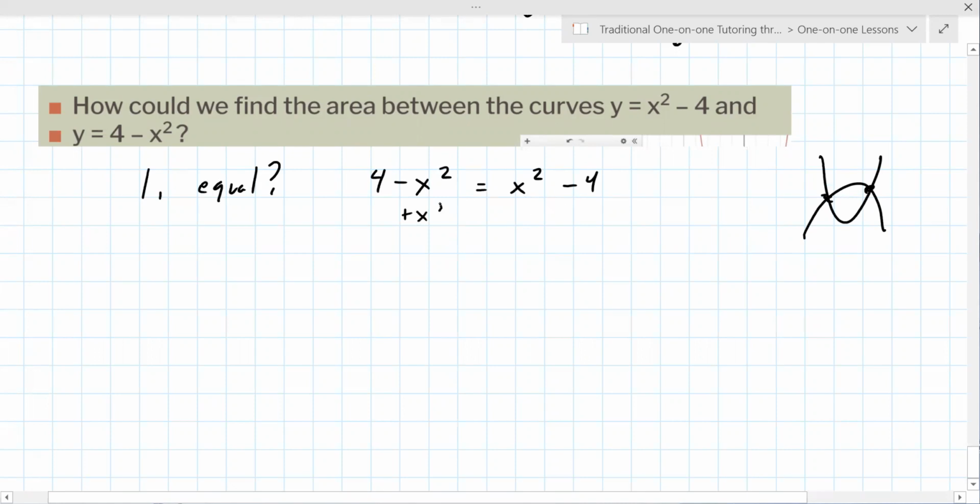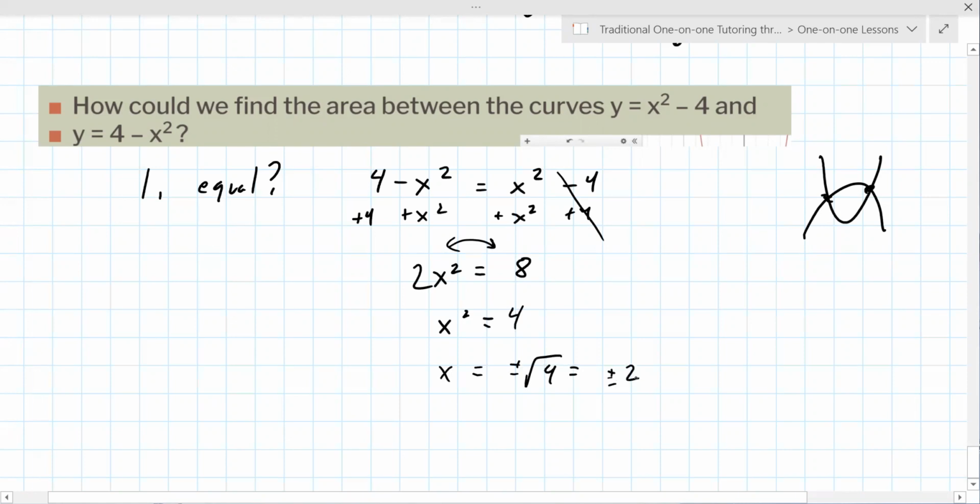So if I add x squared to both sides, then add 4 to both sides, and then switch, you get 2x squared equals 8. Wait, -4 plus 4 though. Those cancel. Oh wait, I see. And it makes 8, and then I flip sides. I see. Okay, and so x squared equals 4, but then you have to remember that it's plus or minus the square root of 4, plus or minus 2. So that tells you -2, +2.